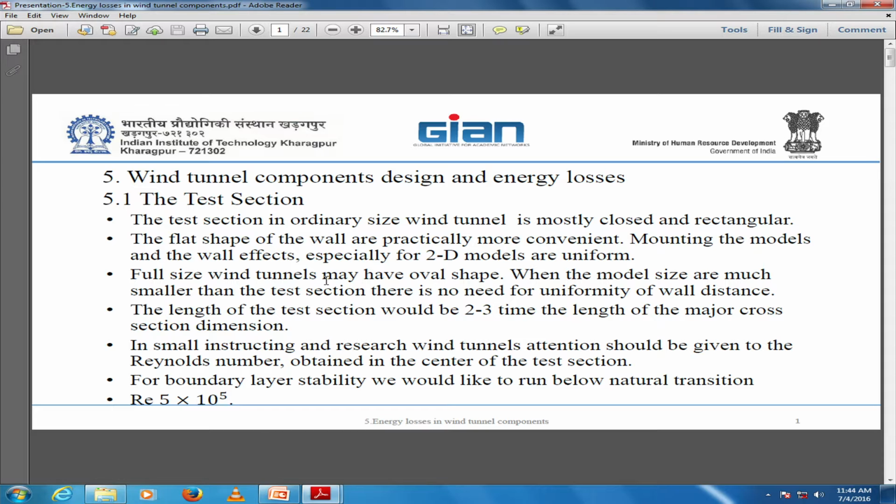In big wind tunnels, we don't care too much, because if it's full scale, and you see those photos of full scale aircraft, you don't care if it's oval shape, you don't care if the aircraft is relatively smaller than the test section, you don't care too much what the shape of the walls is. So in big wind tunnels, we don't care too much that the shape will be oval.